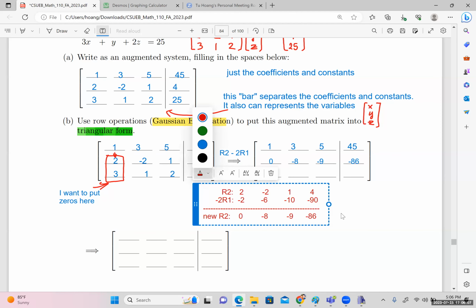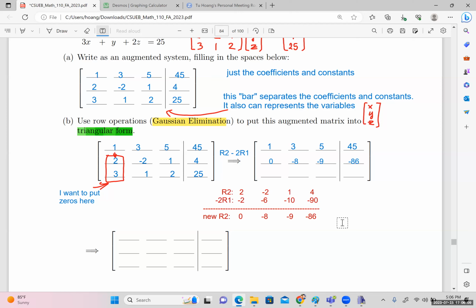Let's make this red and work. I will also eliminate the number 3 here to be 0. So I'm changing row 3 by adding something multiplied by row 1.